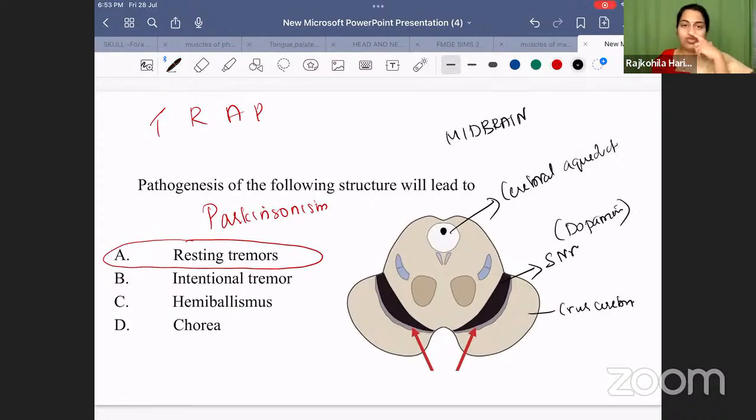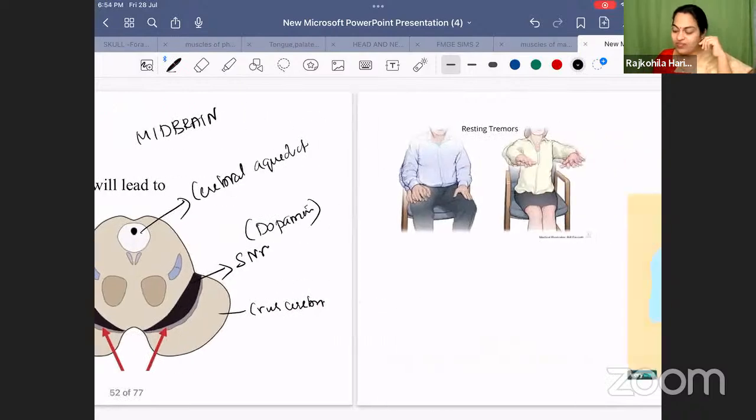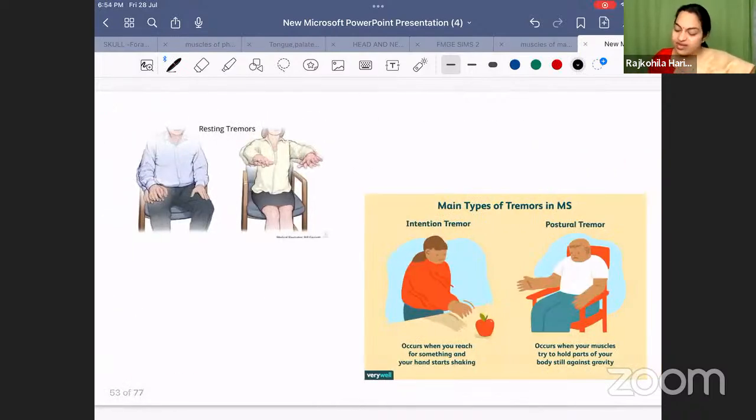Coming to the other options, can you tell me where you get to see intentional tremor? In cerebellar lesions. And hemiballismus and chorea. So resting tremor, when the patient is at rest, is typically seen in a lesion of the substantia nigra, Parkinsonism.